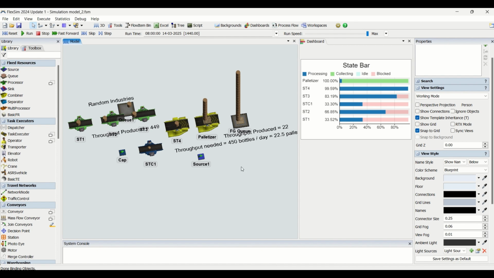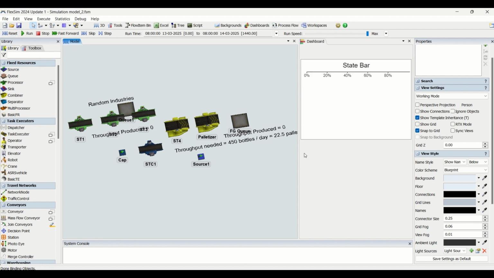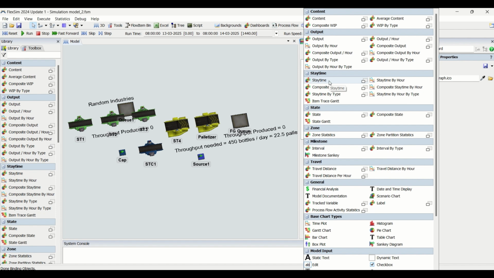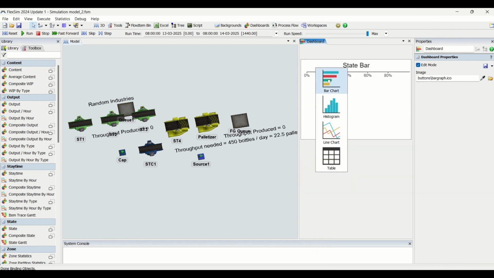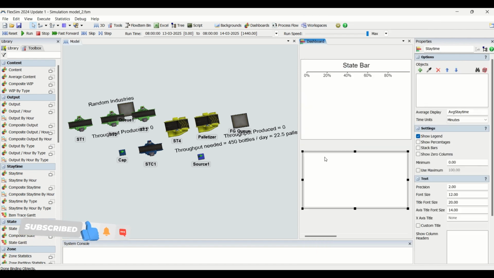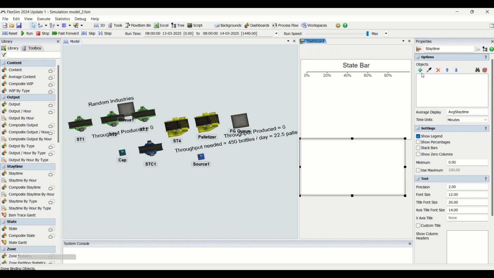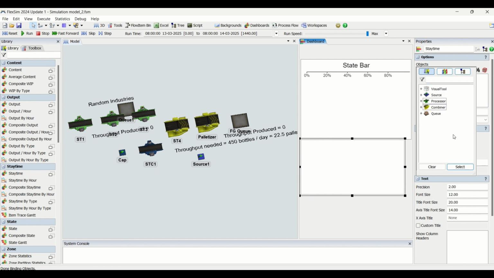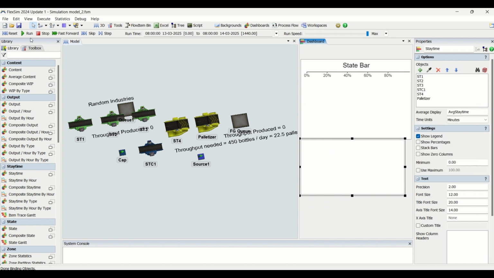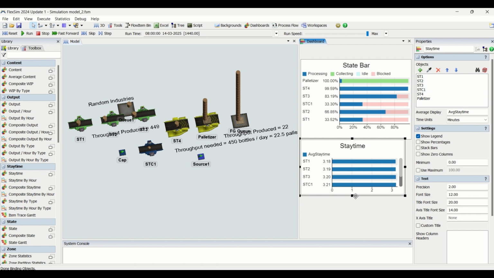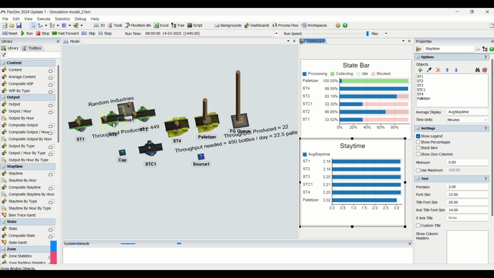Now before that, let us have a graph to identify the cycle time of the stations. We are going to select the processor and the combiners, reset and run, and see if we can get an idea of the cycle time of each station.